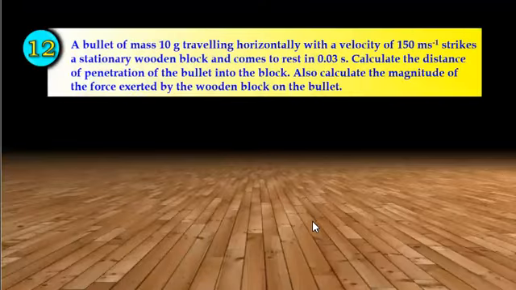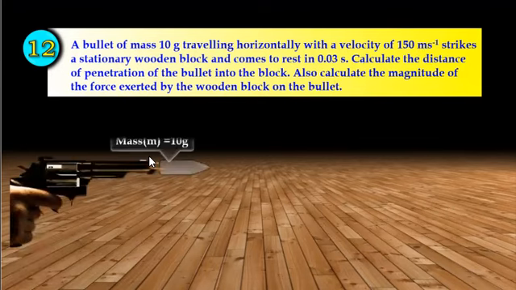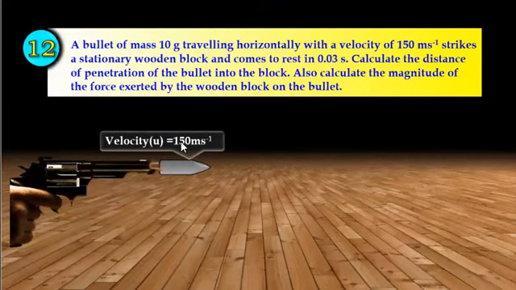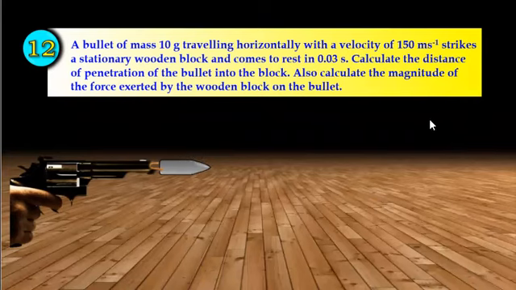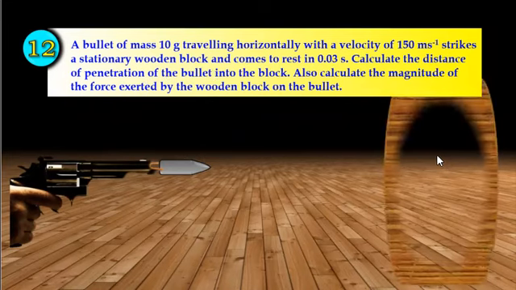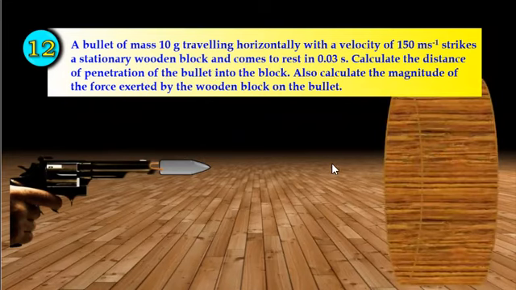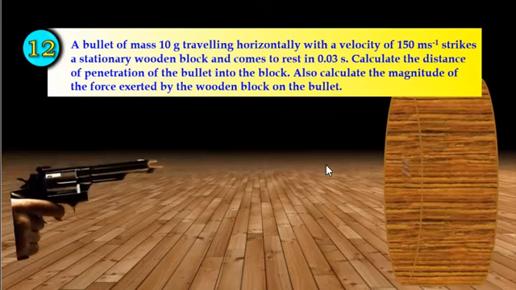Question number 12. A bullet of mass 10 grams traveling horizontally with a velocity of 150 meter per second. Okay, write the given data. A bullet of mass 10 grams is traveling with a horizontal velocity of 150 meter per second. So this is what we call initial velocity of the body. Now here wall is there, strikes a stationary wooden block. So keep a wooden block here. Then it strikes the wooden block.